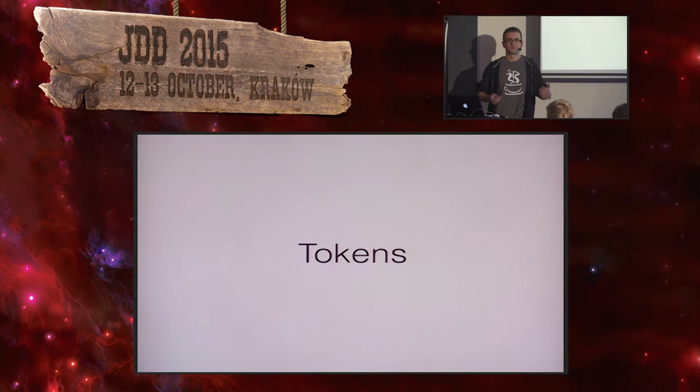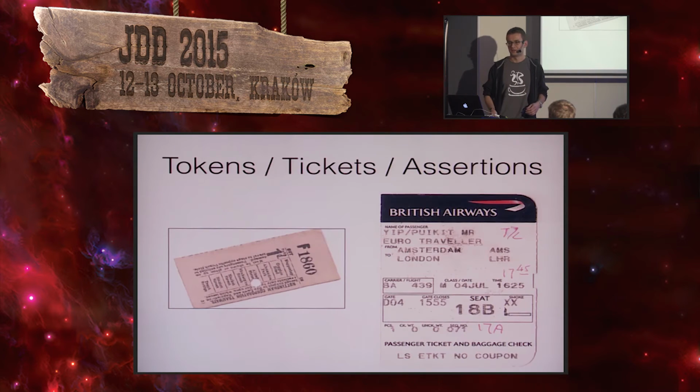When you think about most standards, solutions and approaches to security, the most common pattern in all of them is the usage of tokens. And this reflects what we see in the real world. In the real physical world, a ticket, token or assertion is basically a physical item which is proof that we are entitled to access or use some service.